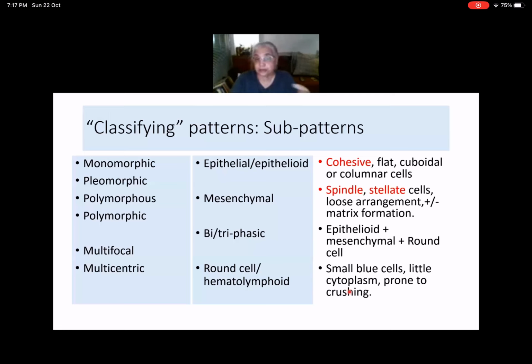And they are prone to crushing. Why are they prone to crushing? Sudesh, can you tell me? Why do small blue cell tumors, whether they're lymphomas or neuroblastoma or embryonal rhabdomyosarcoma or any other small blue cell tumor, why are they prone to crushing?